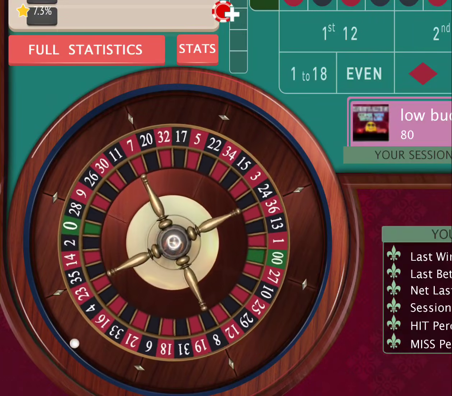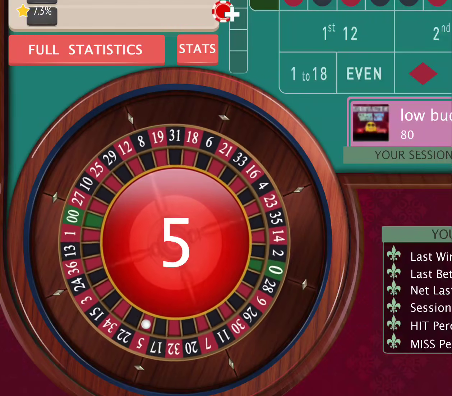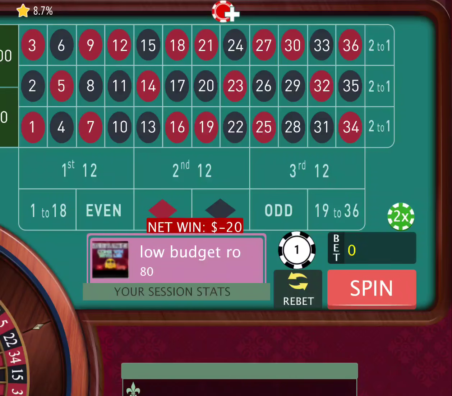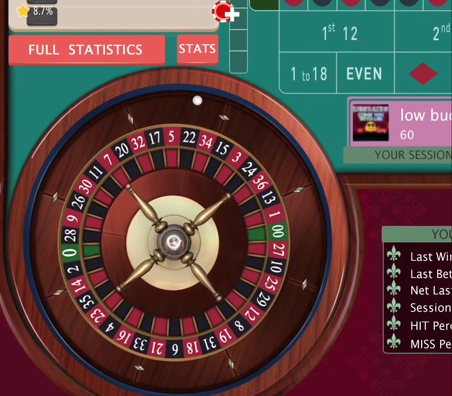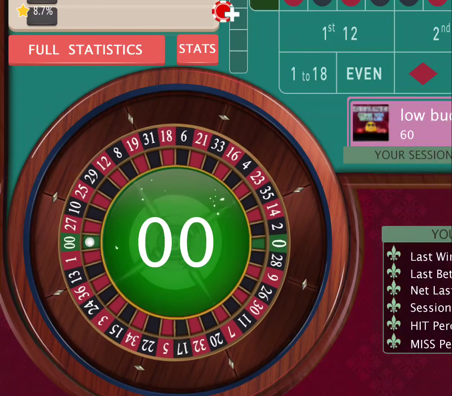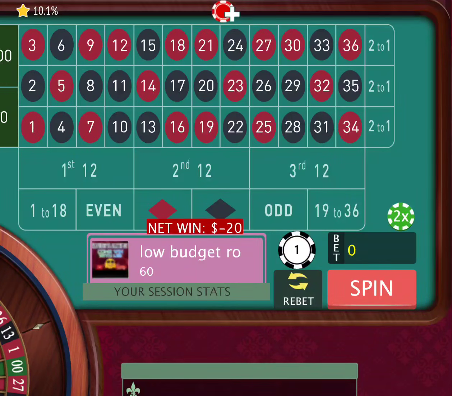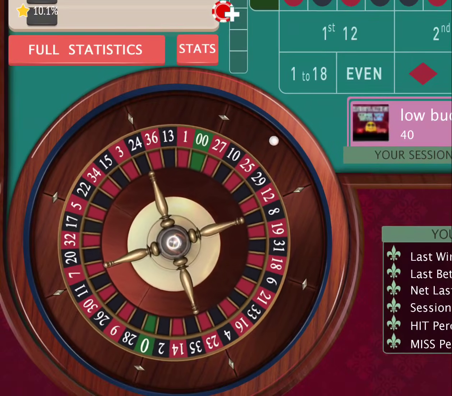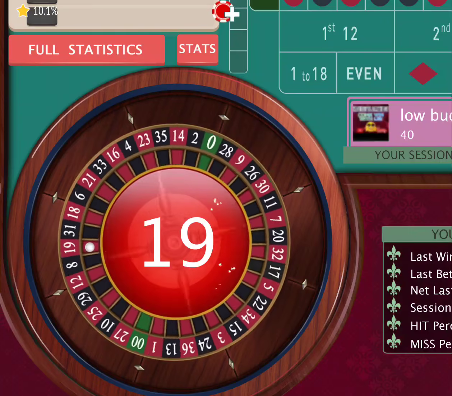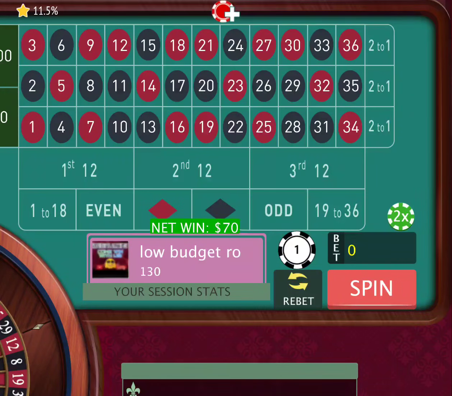We're going to spin again. 5 comes out, and that's a miss. Okay, we're going to spin again. 0 comes out. That's going to be your second miss. 19 comes out, and that is a $70 return.